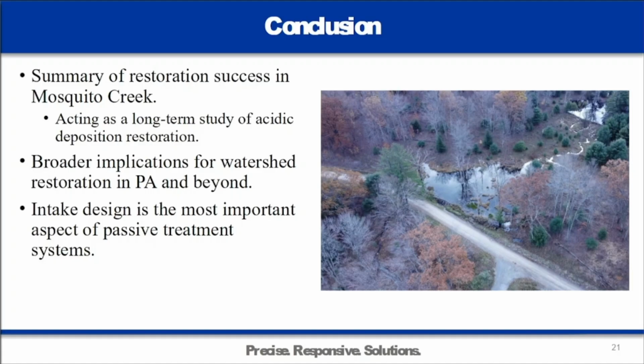And I will live and die on this: intake design is the most important item within passive treatment systems. Time and time again, that is often the cause of these systems not working or failing.